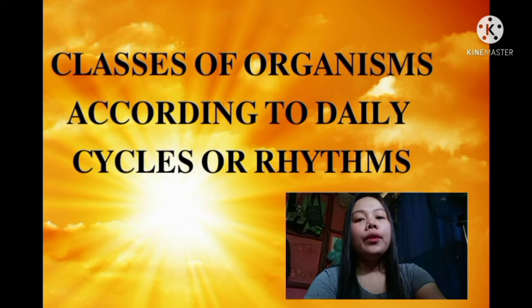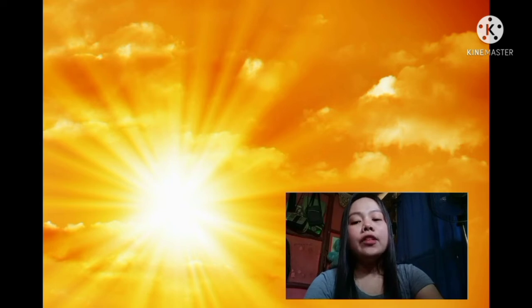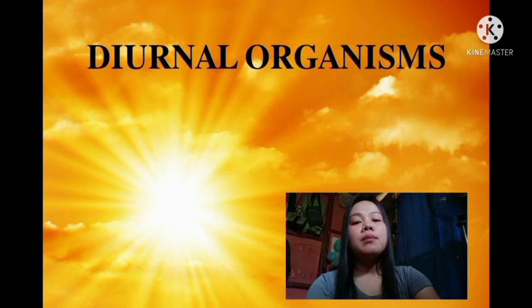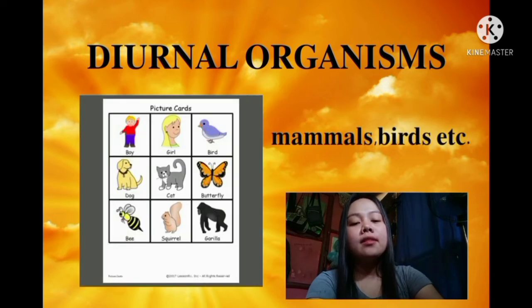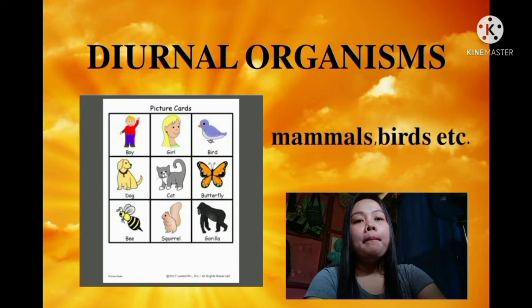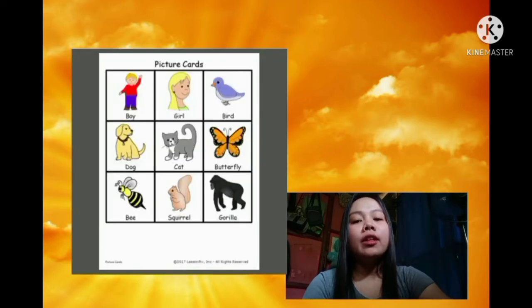On earth, there are organisms that belong to the day, to the night, and others that are different. First are diurnal organisms. Diurnal organisms are organisms that are active in daylight, for example mammals, birds, and reptiles, such as dog, cat, and human.